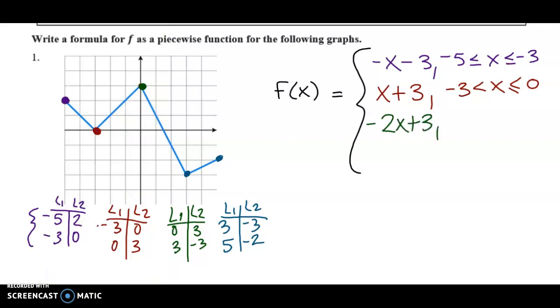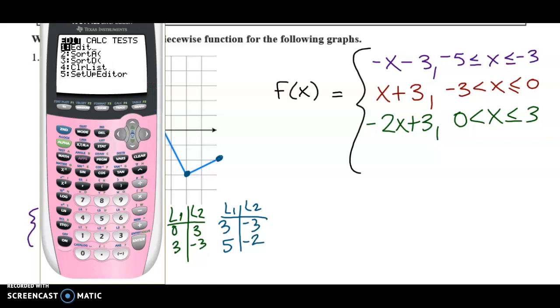And then for my interval, I already have the 0 going to 3. So 0 less than x less than or equal to 3. And my last one. Alright, so the 3, -3 is already in there. I need to add in the 5, -2.